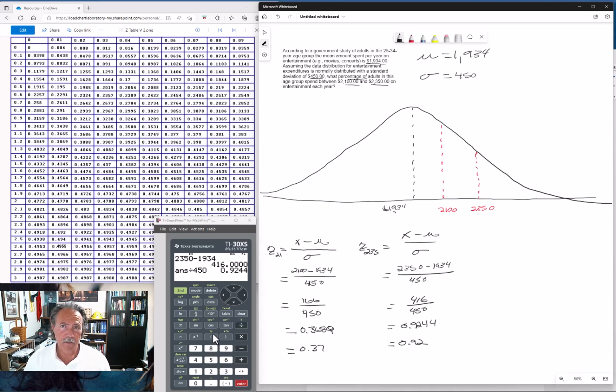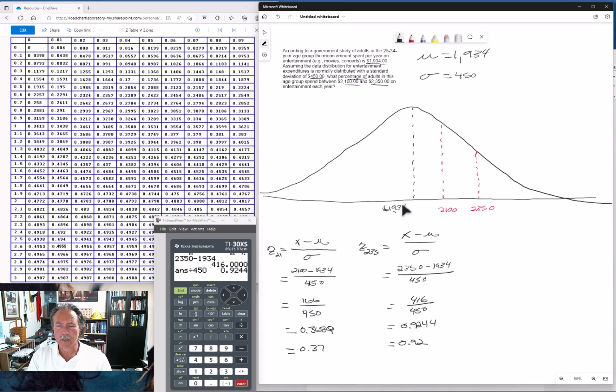Okay, those are the z-scores we need to take to the z-table to find 2 values. And from those 2 values, we are going to be able to calculate the percentage of young adults who spend within this range each year on entertainment.